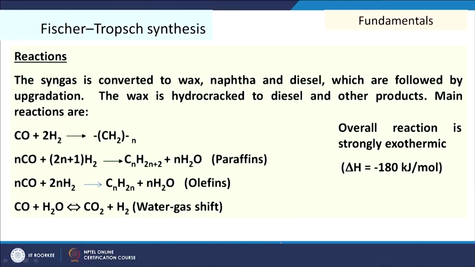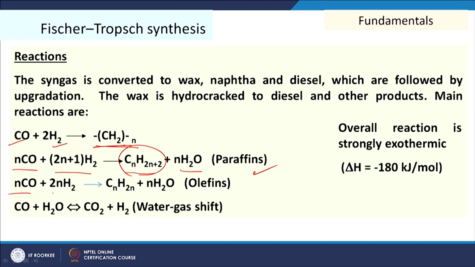The basic reactions we can see here: CO plus H2 we have in the syngas. That will produce a hydrocarbon chain as mentioned here, CH2 n. Or n CO plus (2n+1) H2, this reaction can take place: CnH(2n+2) plus nH2O. So, we are getting paraffin type of compounds.